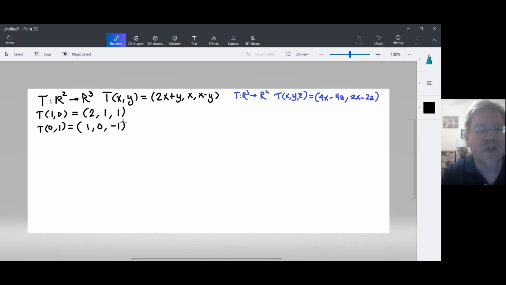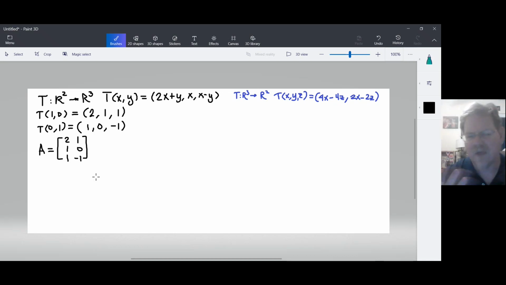Those two vectors become the columns of the standard matrix. So we have (2, 1, 1) and (1, 0, negative 1). That is our standard matrix.